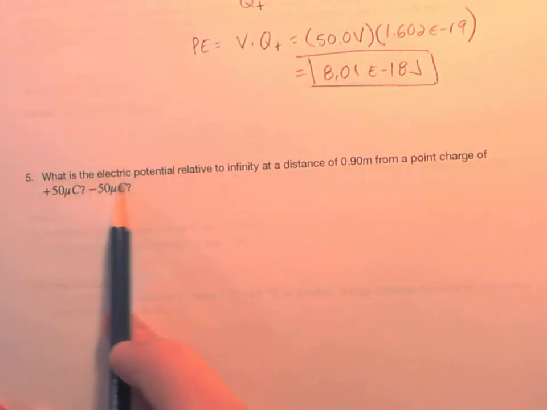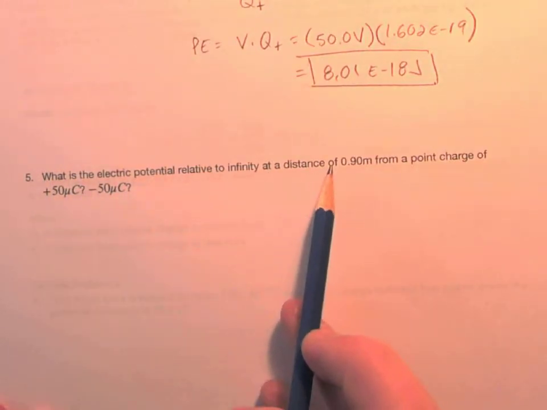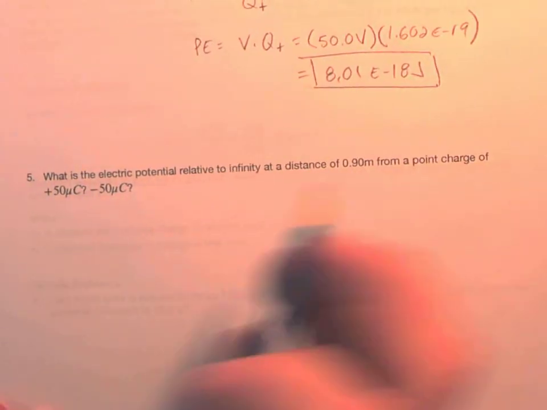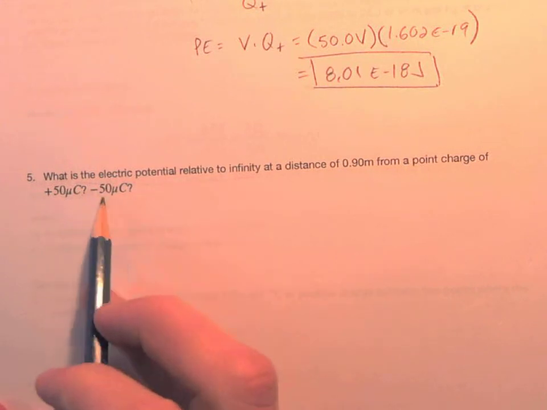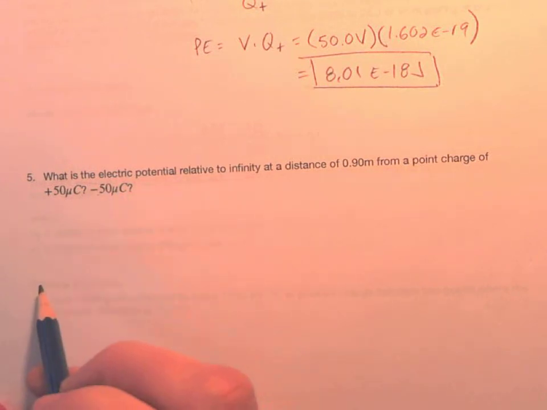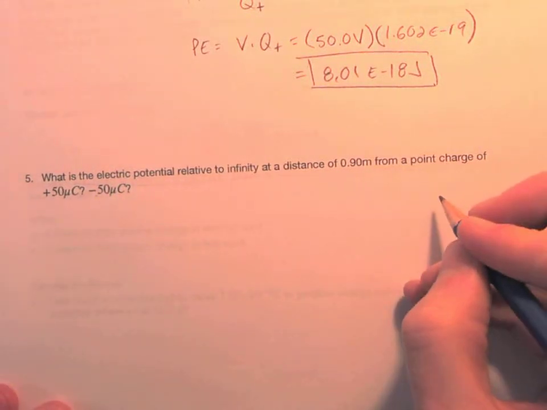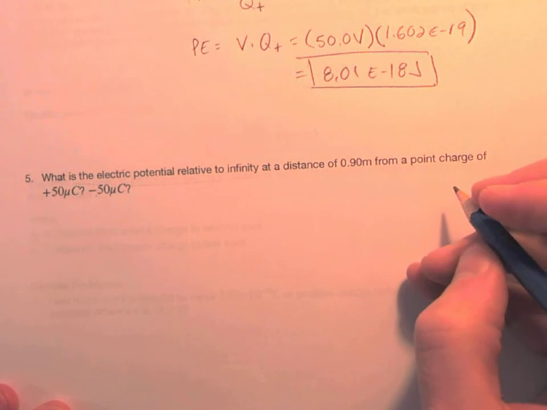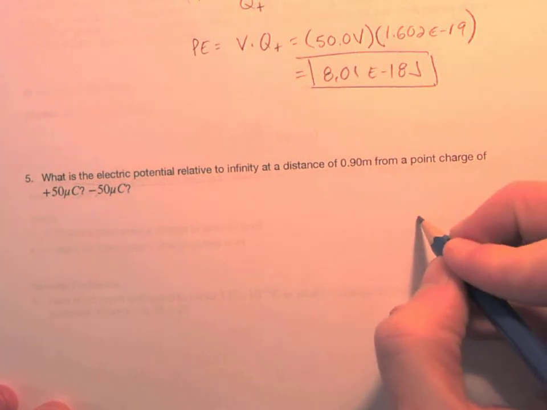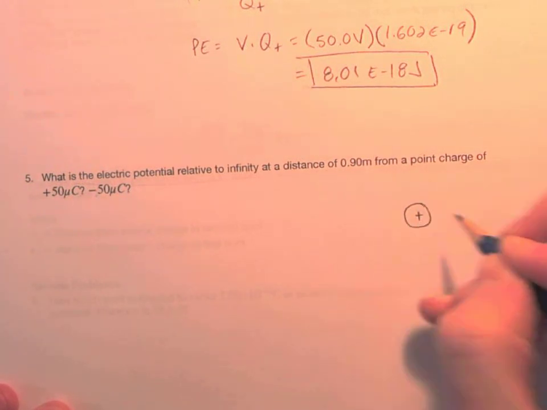Okay, question 5. What is the electric potential relative to infinity at a distance of 0.9 meters from a point charge of 50 microcoulombs or negative 50 microcoulombs? So it's saying a point charge, so that's a positive charge generally.